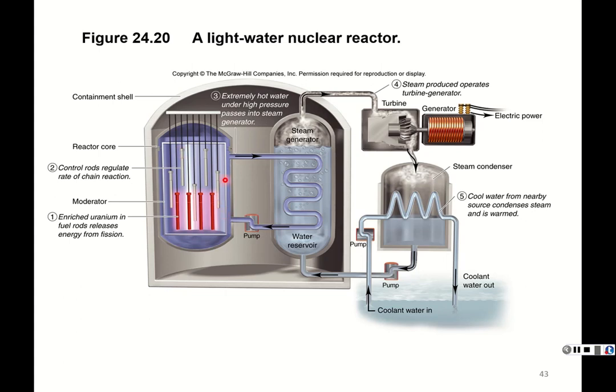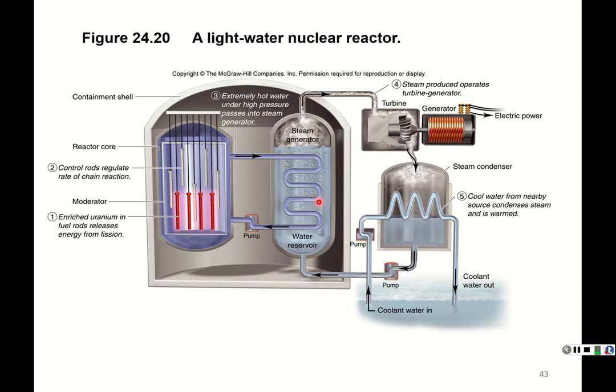There's a jacket around the core where the fuel rods are, and when the fission is going on, you're heating a fluid that flows through tubing and a heat exchanger in a large tank of water.